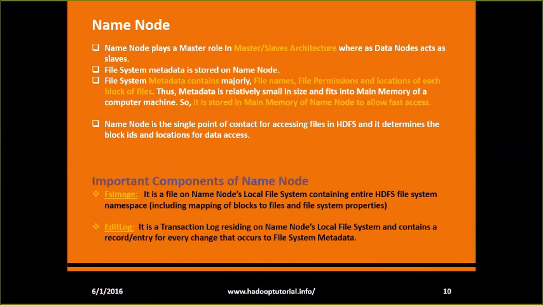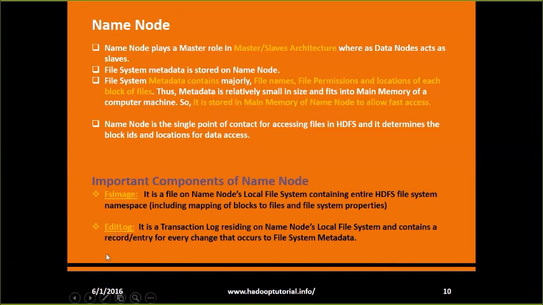So let's say on your Hadoop cluster, you have 1 million files loaded onto your HDFS. All those 1 million file names, their permissions, their owners, groups, and replication factor, and the block IDs, and their block locations, all that information will be stored in this fsimage file. And this file will be present both in RAM memory as well as your Linux file system LFS.